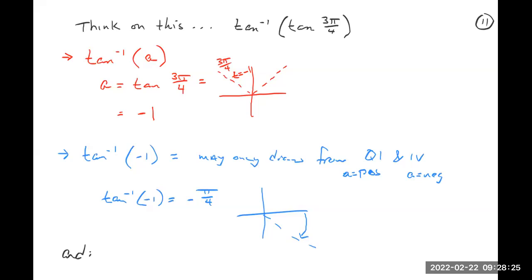And so arctangent of the tangent of 3 pi over 4 is -pi over 4. 3 pi over 4 puts us in quadrant 2, but we're not allowed to draw our arctangent from there, right? We can only draw our arctangent from quadrant 4, -pi over 4.